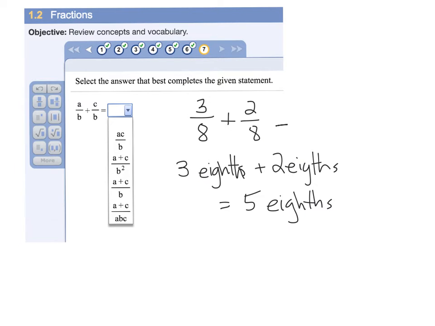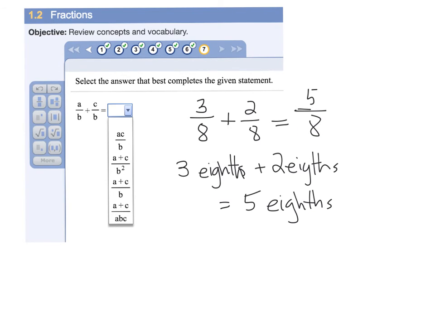And so, how do you write 5/8? It's like 5 eighths. So basically, what happens here? Well, you added the numerators, 3 plus 2 is 5, but you did not add the denominators, because the denominators are kind of like labels, like units, like apples, or dogs, or dollars. $3 plus $2 equals $5. All right?